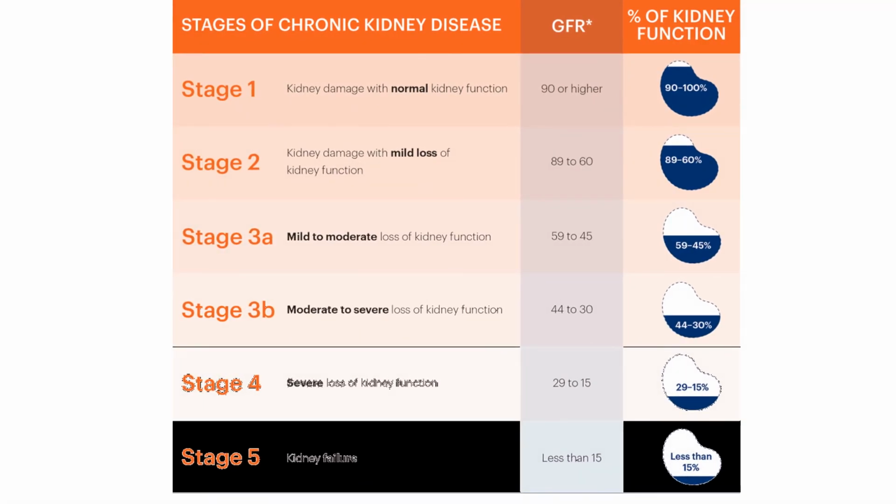This is just to show you the stages of chronic kidney disease, stage 1 to stage 5. Don't worry too much about this; you won't be asked about this in your exam. This is some background information, to illustrate the stages that the kidneys go through when they are failing. Another column shows the glomerular filtration rate expressed as a number, and you can see how that decreases as the kidney failure increases, and the percentage of kidney function you've got decreases as it goes down.